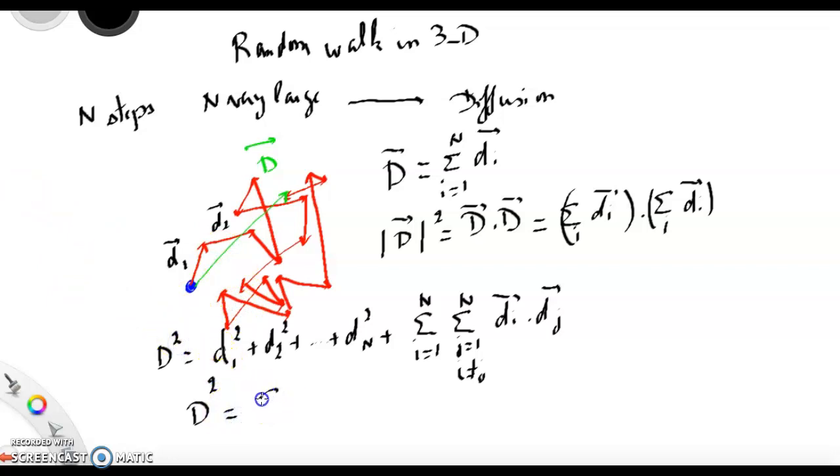Now that's equal to the sum for i going from 1 to n of di squared plus the sum over i and j, for i different than j, of di dj cosine of the angle theta, which is the angle between i and j, between the two vectors.